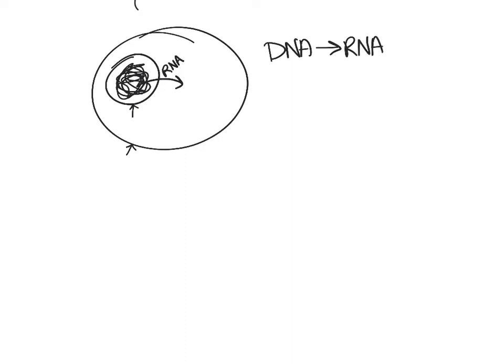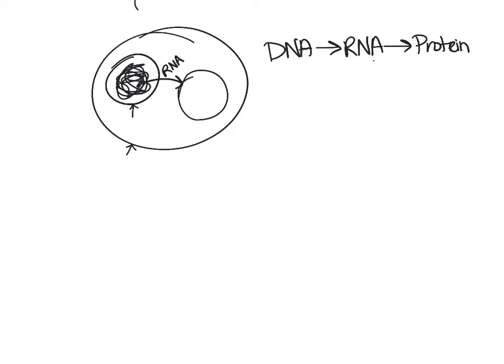The RNA can then go out here, where it is used as a template for a protein. And we'll talk about that more when we get into cells as well. So generally, just know that we're going to make a copy of DNA, similar, but not exactly the same, in RNA, and then that RNA will go out into the cytoplasm, the rest of the cell, to make a protein.